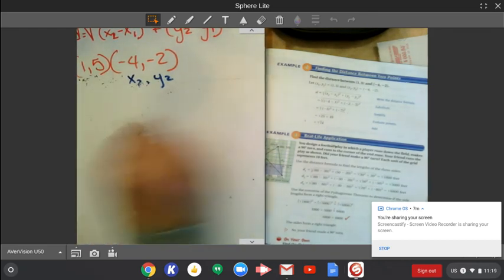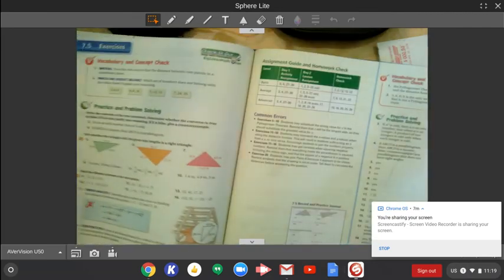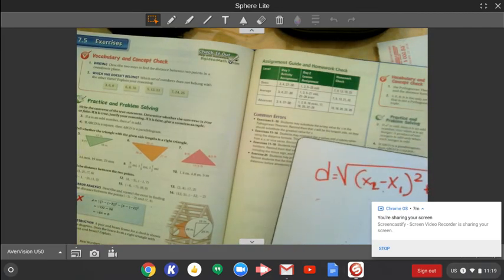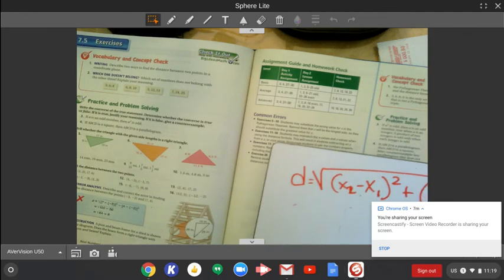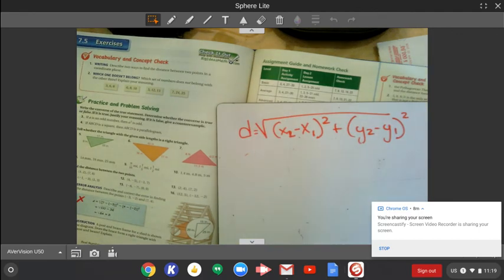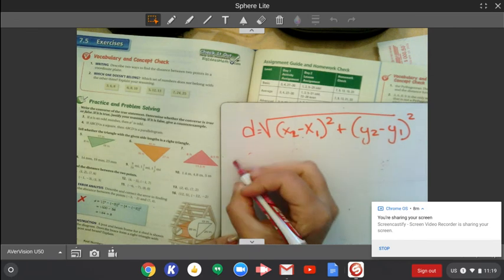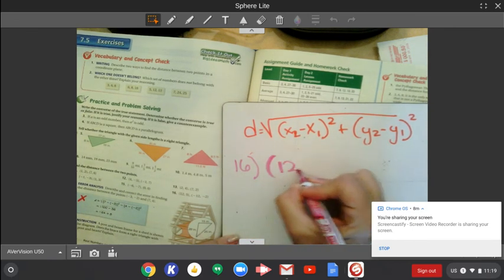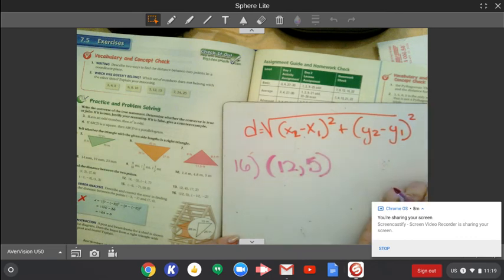Okay, and now we're going to try another problem just to make sure everybody understands. This problem is probably in your classwork, so you'll have an example here that you can work with. Okay, so I'm going to do number 16. So we have 12, 5. This is in your textbook on page 322.